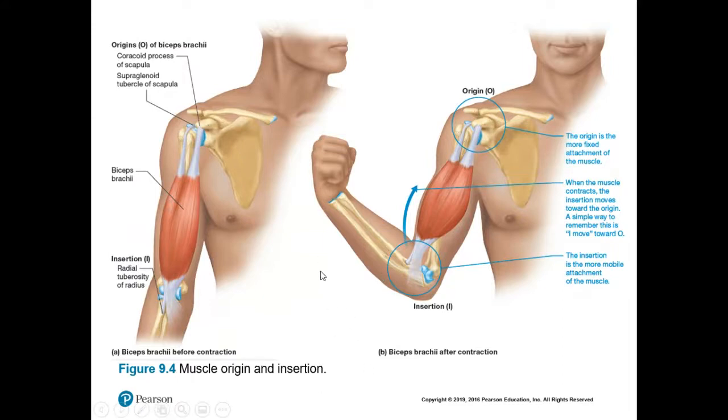Now, muscle origins and insertions. I've talked about this. The origin of muscles keeps the muscle held in place, and it acts as the anchor point for that muscle to contract.